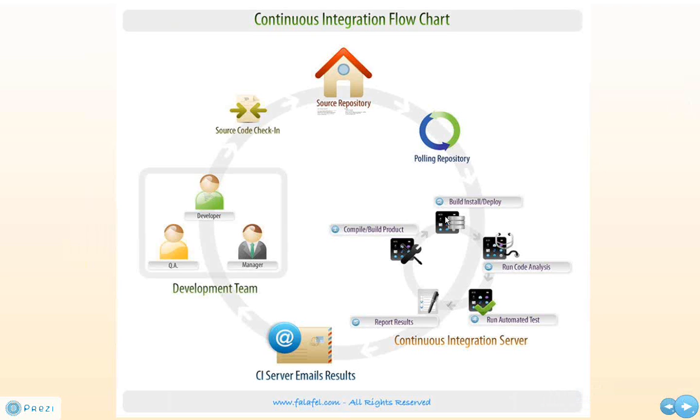It irons out most of the errors and most of the integration problems. Suppose there are 10 developers working on one product, and at the end of the day, when you integrate that product, it doesn't look good and the functionality doesn't work. To mitigate all that, you have continuous integration.